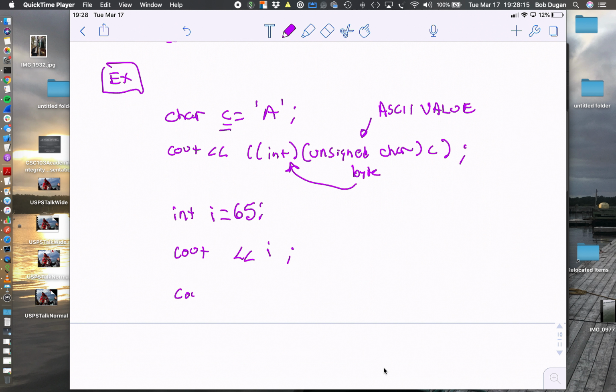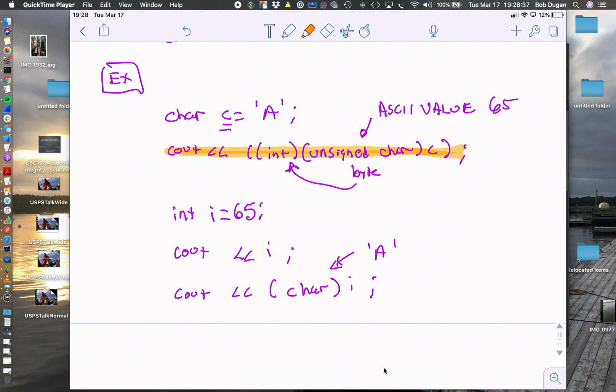So if I say cout char i, that will print out an A.